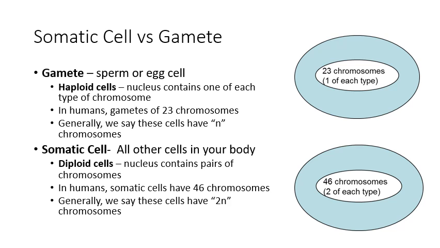For humans, we can say 23 pairs and 23 chromosomes, but to be a little more general, broadly speaking, we can say haploid cells have N chromosomes, and diploid cells have 2N chromosomes, where N is just the number of pairs that that species has, because many species have different numbers of chromosomes.